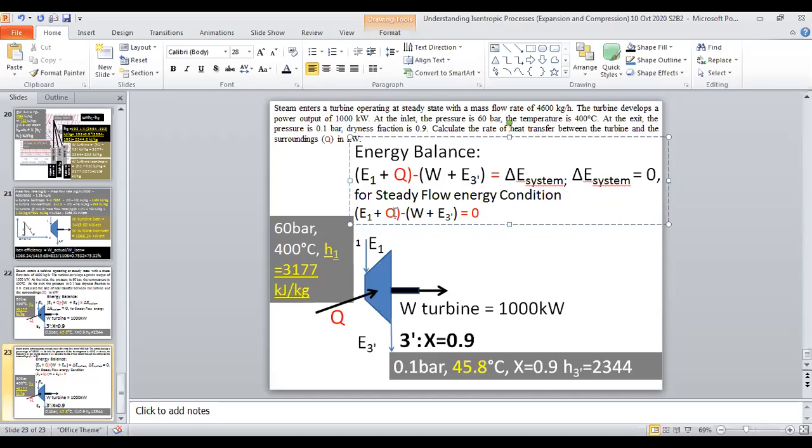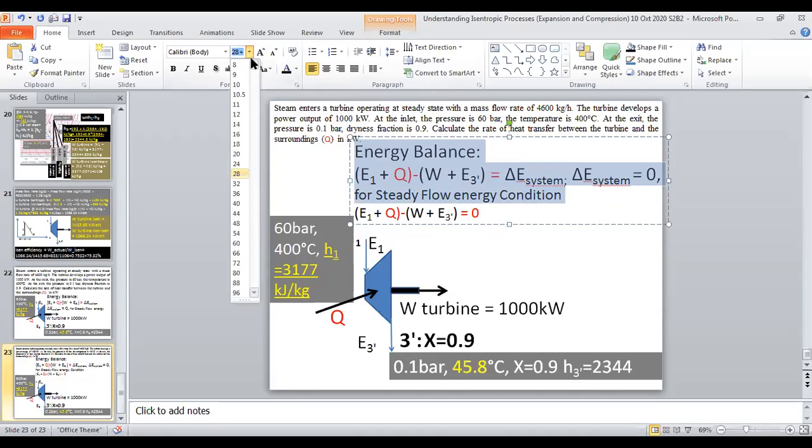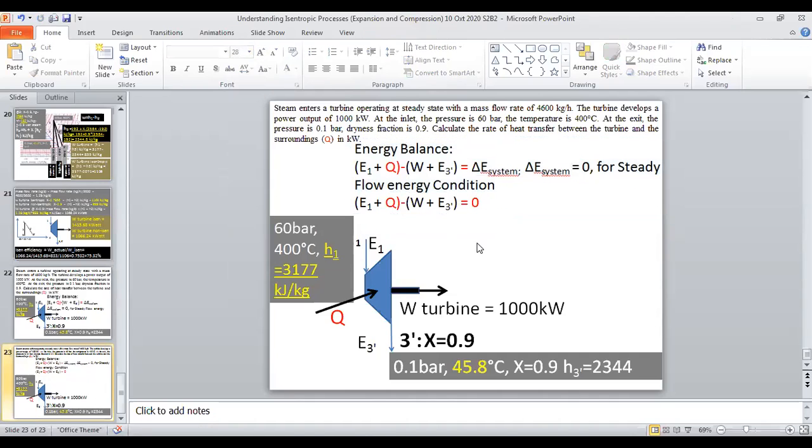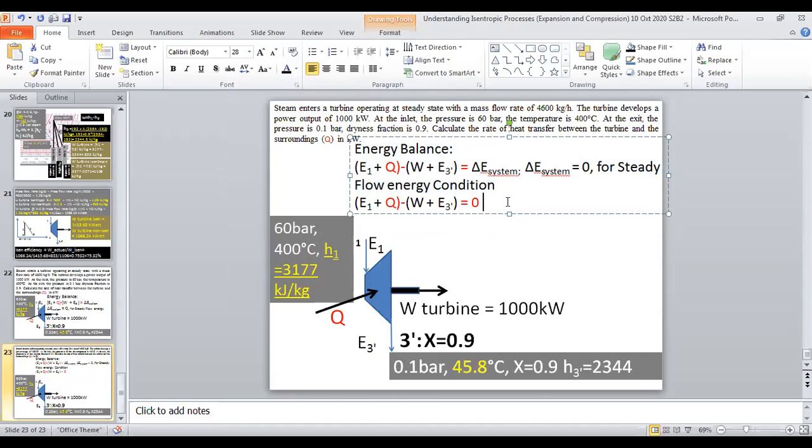Then E1 plus Q minus the energy out from the system, that is W plus E3 dash, is 0. It means no rising, no reducing of the energy within the system. Whatever remains from the beginning, it remains.